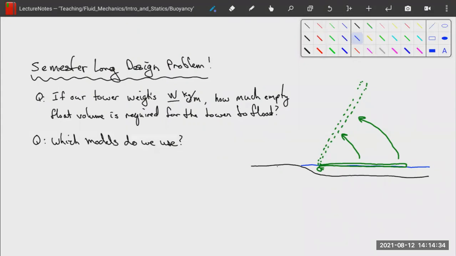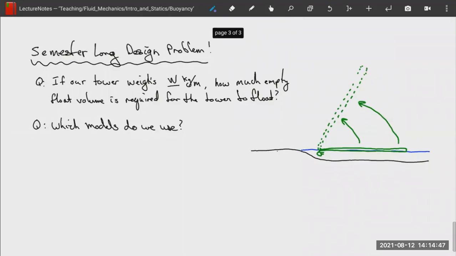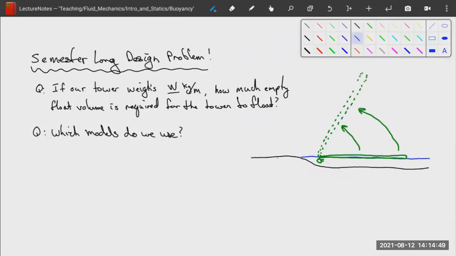But it initially has to float. And so given a certain linear density, so a density of kilograms per meter, how much empty float volume is required for the tower to float on Lake Erie? And we'll answer that question in class.